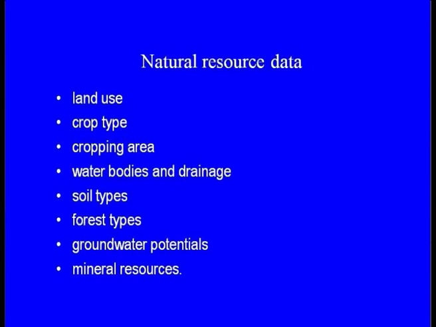And these could be the land use of that particular area, the different types of crops being grown, the total crop area, the water bodies and drainages which exist, soil types, forest types, groundwater potential, mineral resources.